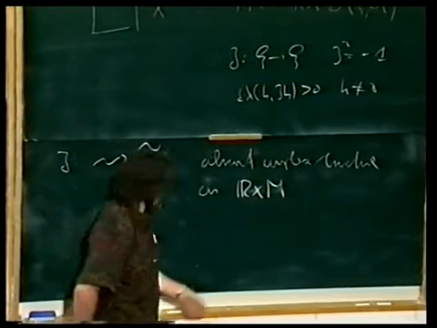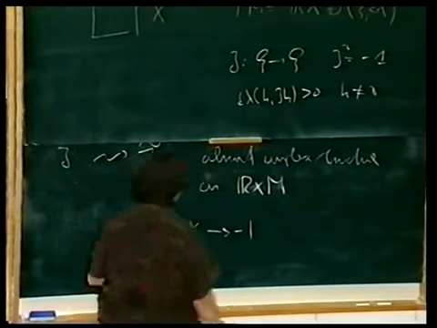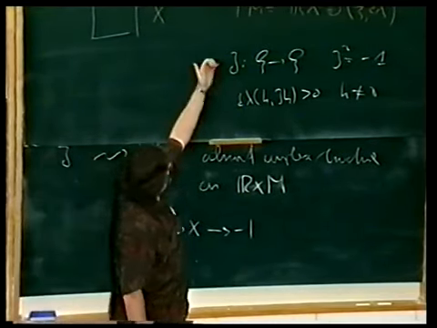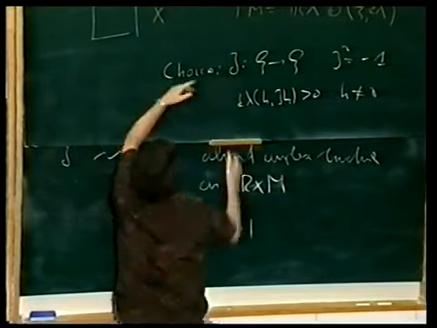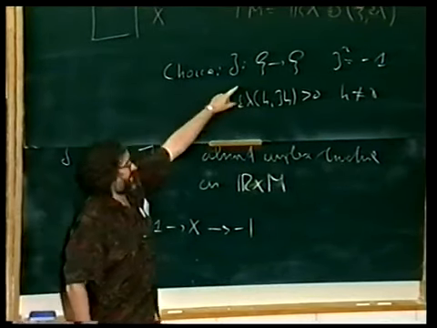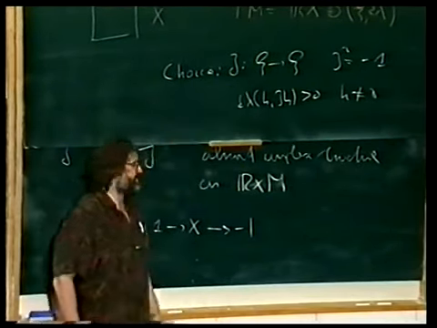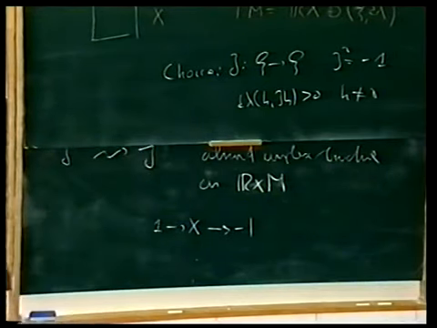So of course, it's completely natural to say 1 goes to x, goes to -1, and having made this choice, so this is a choice, we can find an R-invariant almost complex structure, which has the contact planes as complex lines and which pairs the R direction with the vector field direction.